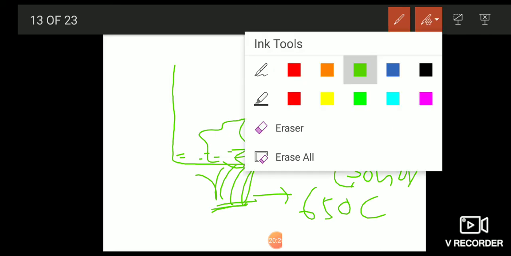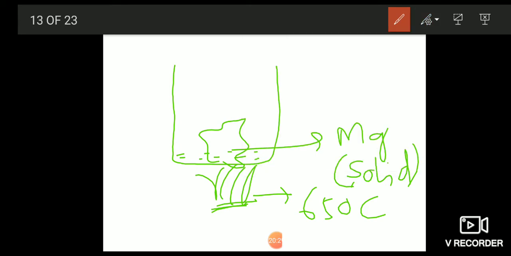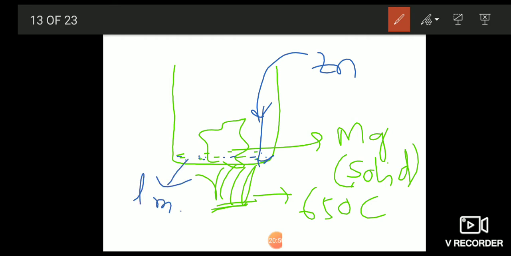Now to this I am going to add zinc, a little zinc. What will happen? The added zinc will dissolve in the melt. That is, two phases are present. One is liquid melt, which contains magnesium and added zinc.